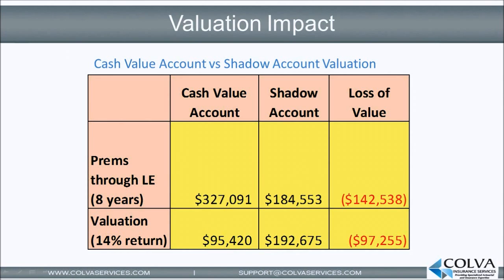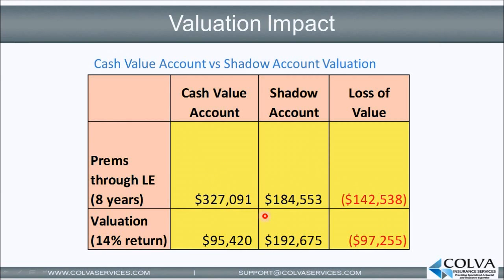to prospective policyholders. So we can see here that if a life settlement investor or life settlement provider is looking to purchase this policy from a policyholder and wants a 14% return, if they discount cash flows on a probabilistic basis, which looks at expected death benefit proceeds as well as expected premiums, the higher cash value premium schedule would result in a lower offer of $95,000 being able to be made to the policyholder.